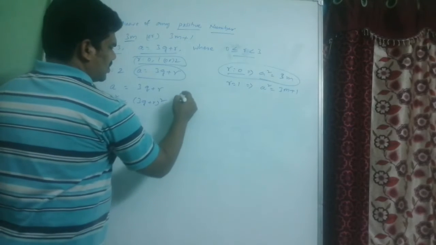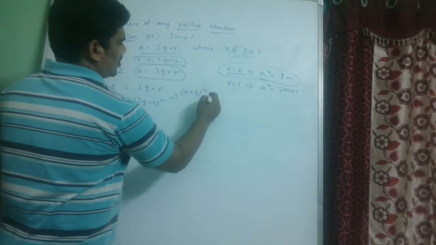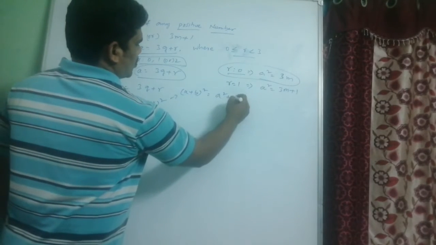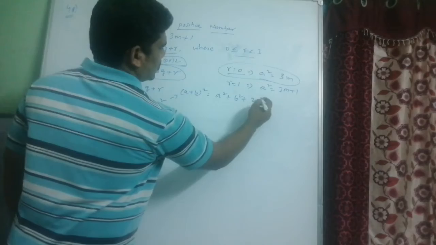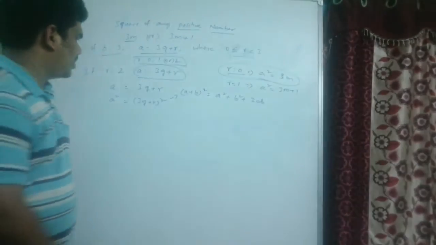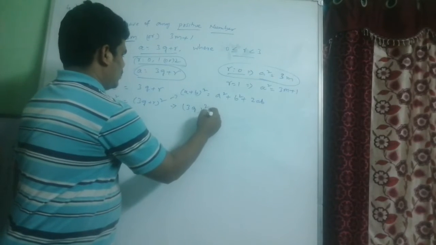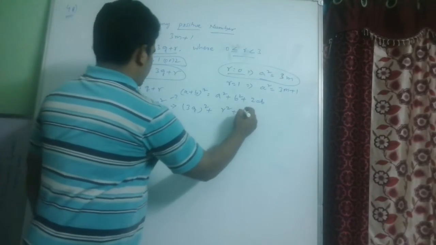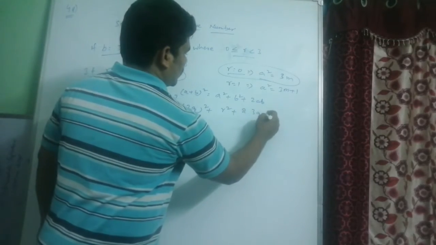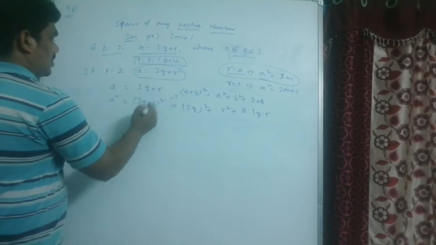So according to the formula, we know the a plus b whole square formula, a square plus b square plus 2ab. So a square plus b square plus 2 into a into b. So r is 2, right? r is 2.